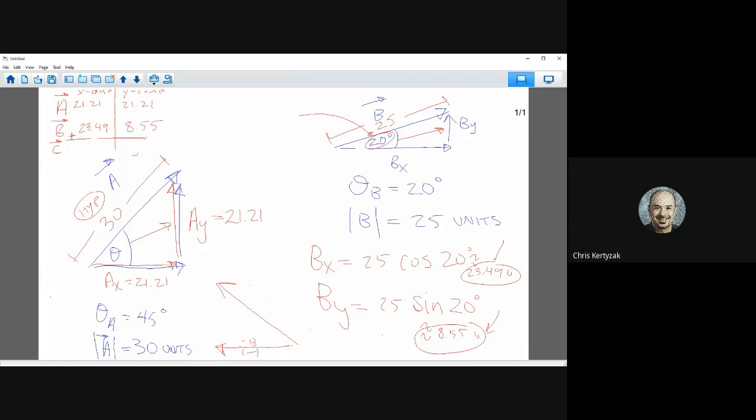All right, so now I'm going to add these up. 21.21 plus 23.49, I get 44.7. So this value, 44.7, represents the X component of vector C, the horizontal piece of the purple resultant one that we had seen in that visual tool. And when I add the Y components together, 21.21 plus 8.55, I get 29.76.